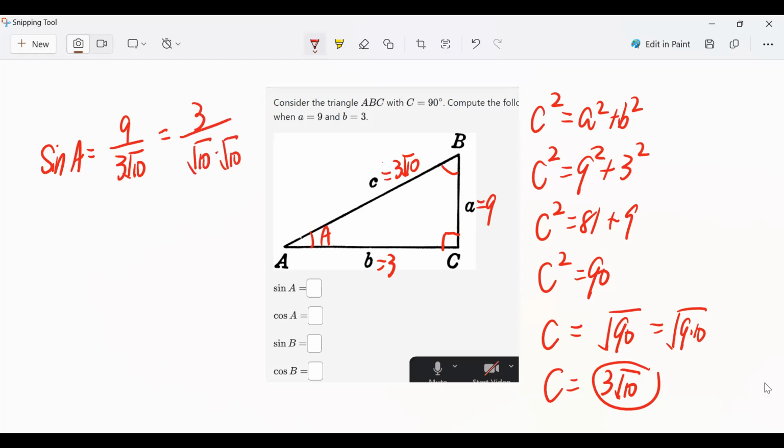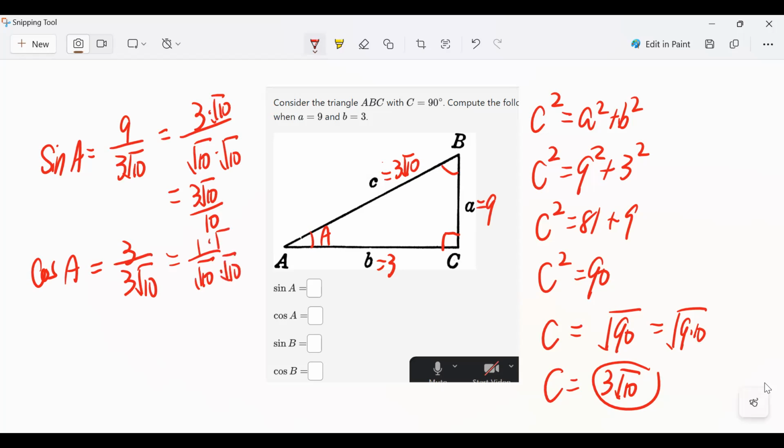Multiply radical 10 on top and bottom, and this is 3 radical 10 over 10. And cosine A is 3 over 3 radical 10, so that's 1 over radical 10. Multiply both top and bottom by radical 10, and the result is radical 10 over 10.